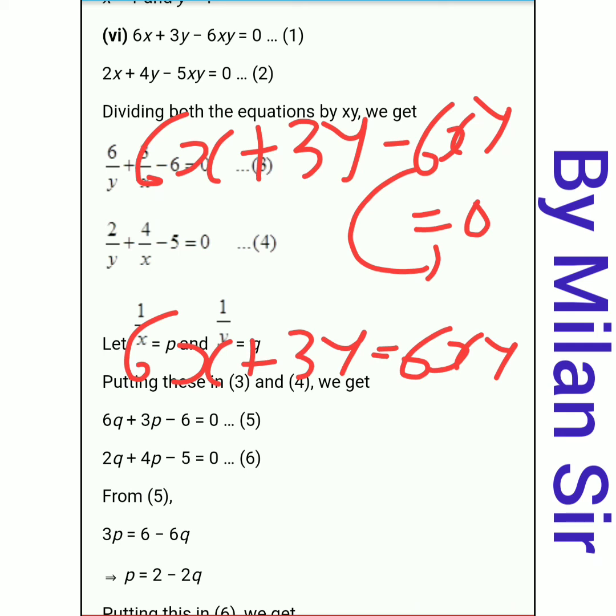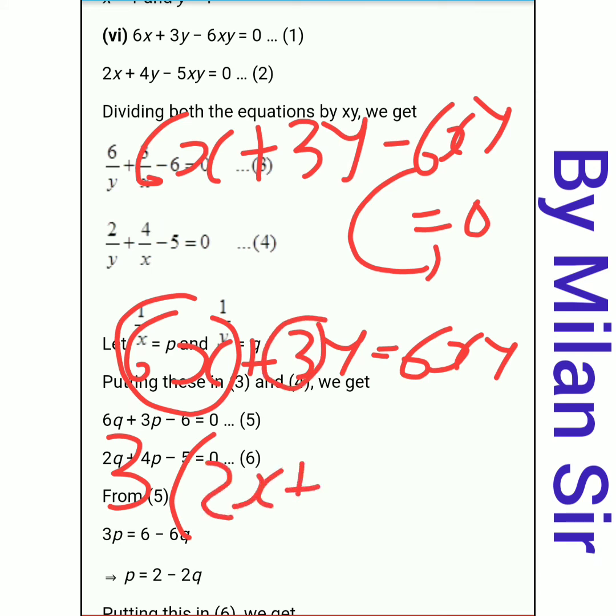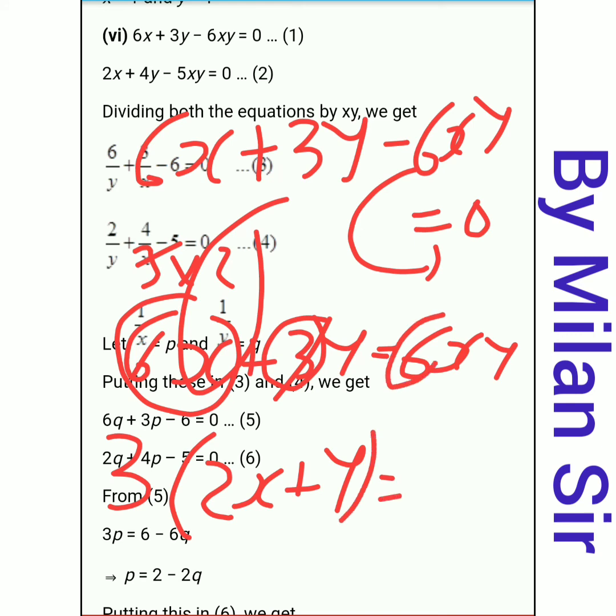Here we can take 3 as common, right? So 3 into 2x. Here 3 is cancelled because it is already in common. Here 6 means 3 into 2, so 6 is already common, right? So remaining 2x. Here only y is equal to 6 means 3 into 2, right?